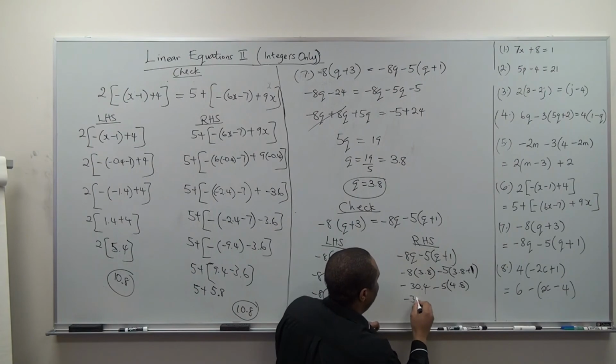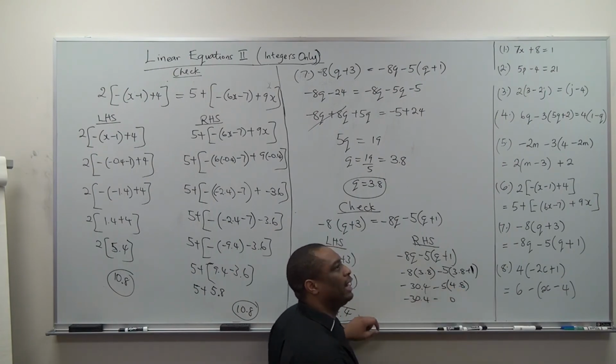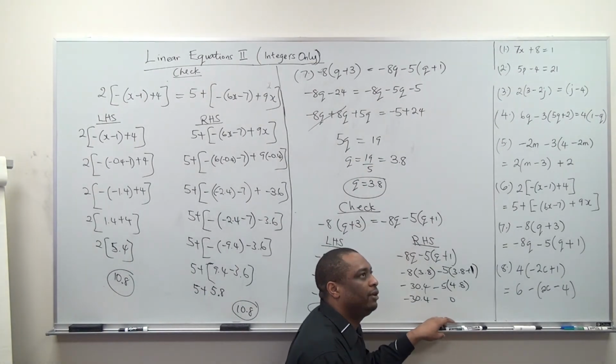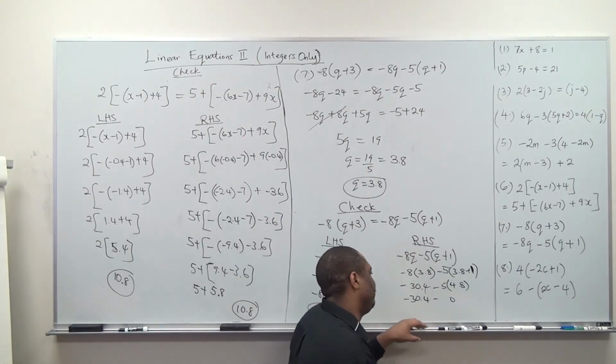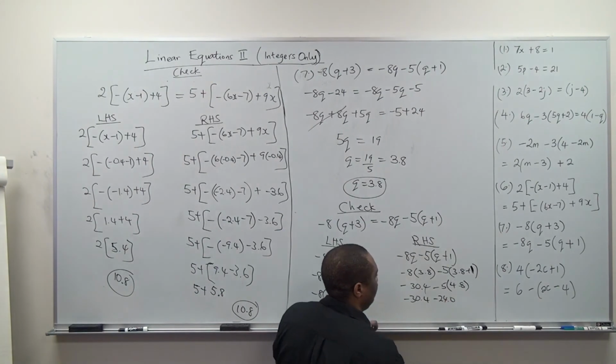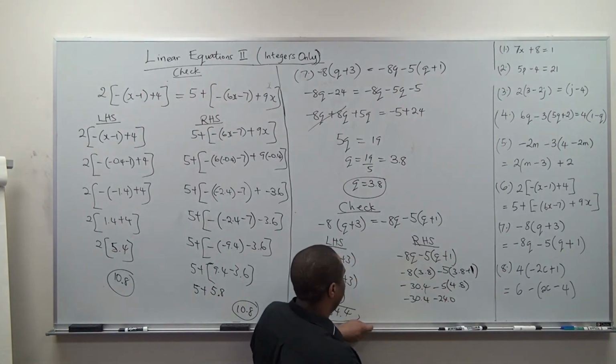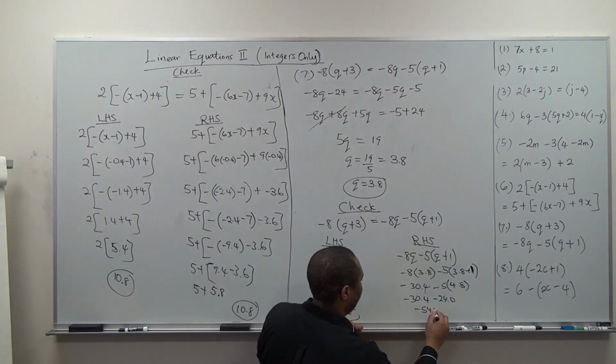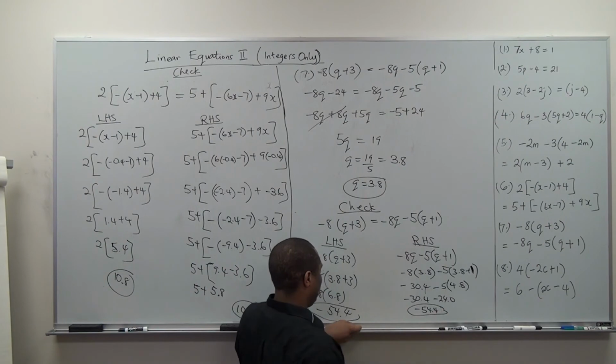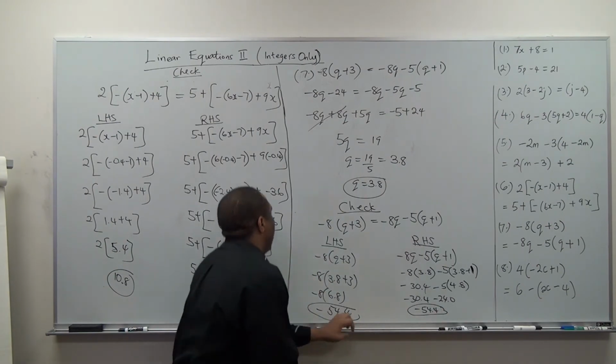So this is negative 30.4 minus 5 times 8 is 40, 0 carry over 4, 5 times 4 is 20 plus 4, 24.0. So negative 30.4, negative 24.0 gives you negative 54.4. So our left hand side is equal to our right hand side. And we are good.